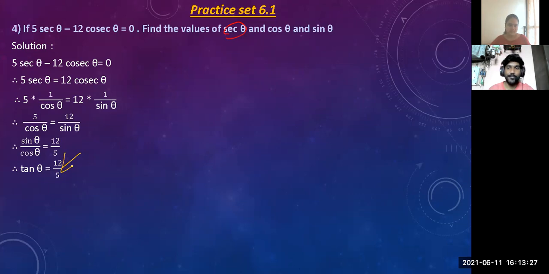We found out tan theta, and we have to find out sec theta. Which identity has tan theta? Tan square theta plus 1 equals sec square theta. Can you use this and find out sec theta?